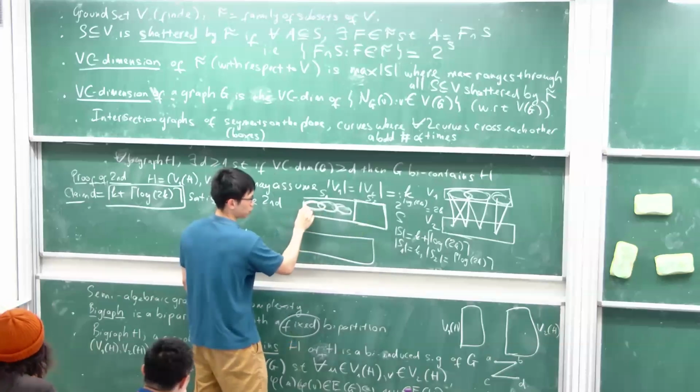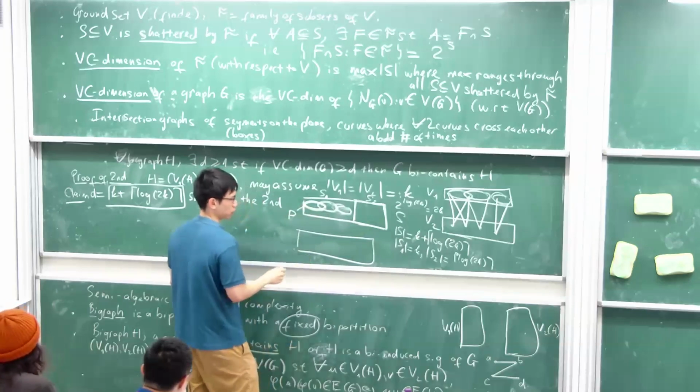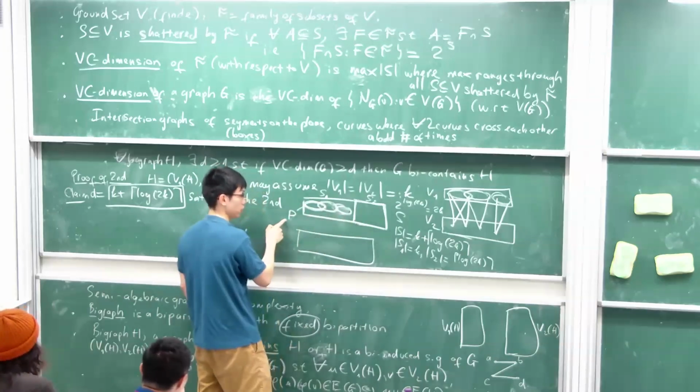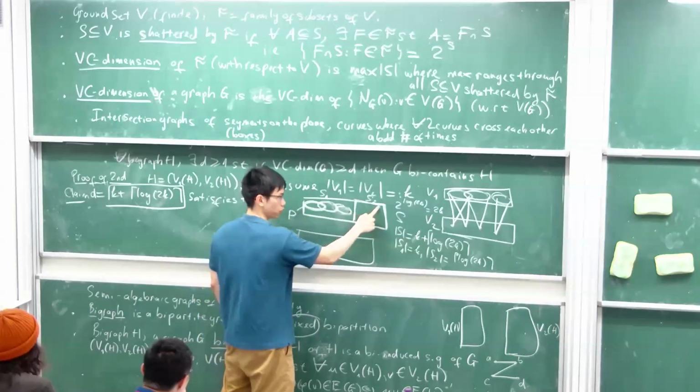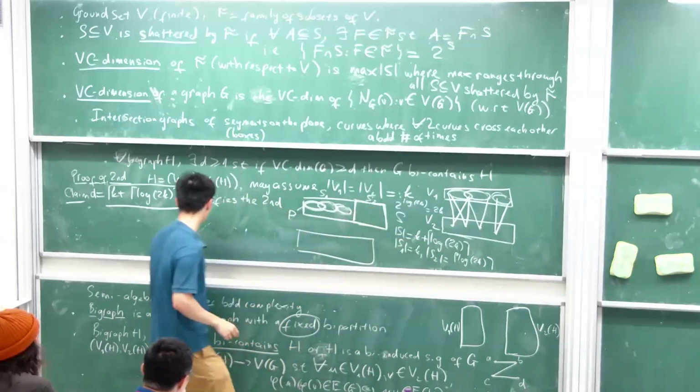So now for each such set, let me say P, I'm going to take the union of P together with all the subsets of S2.